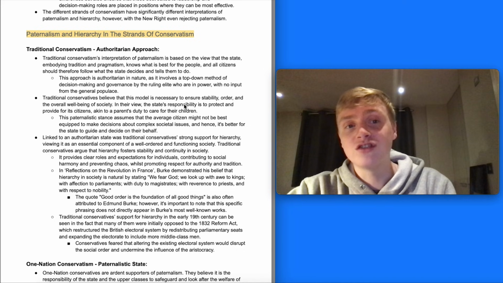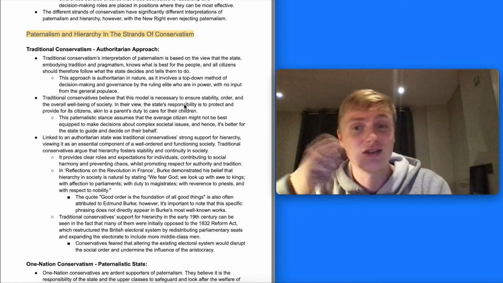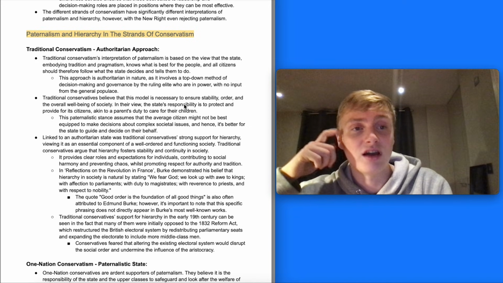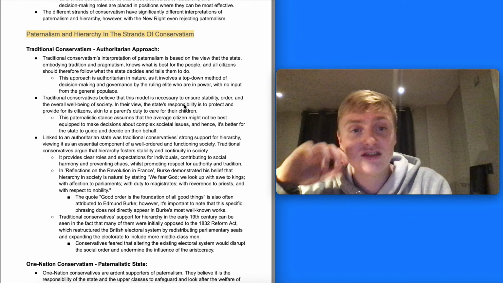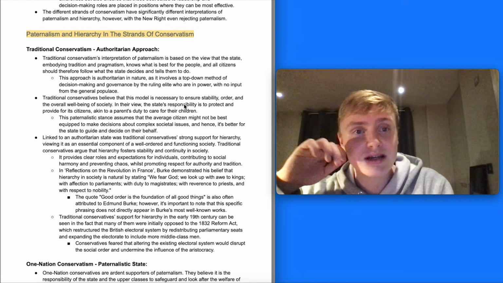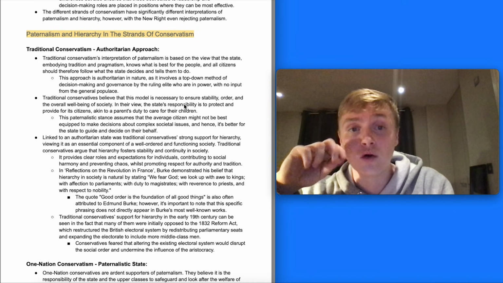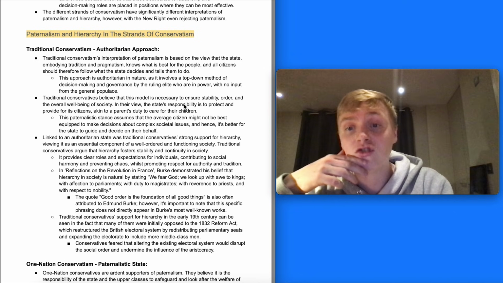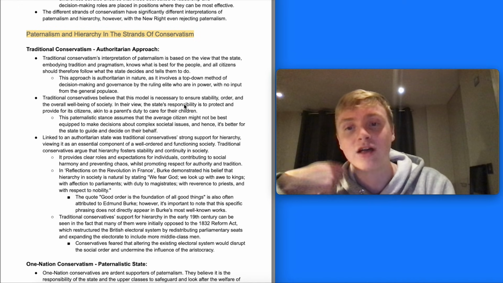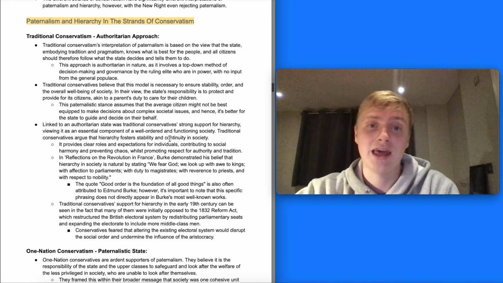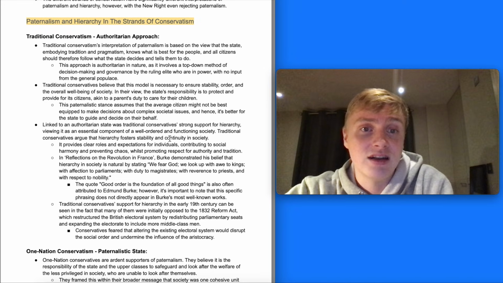So traditional conservatives can be seen as having an authoritarian approach, actually, which is a bit different to this idea of paternalism. They argue that the state, embodying tradition and pragmatism, knows what is best for the people, and the ruling class knows what is best for the people, and that all citizens should follow what they say because they have this knowledge. They are the aristocracy and the ruling class. And this can be seen as somewhat authoritarian in nature.